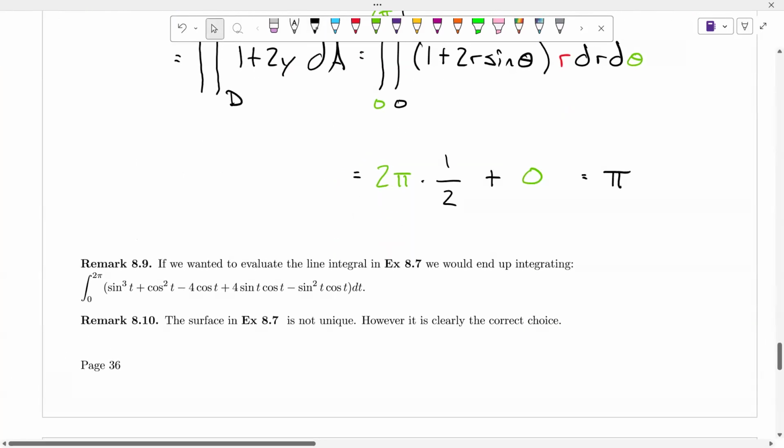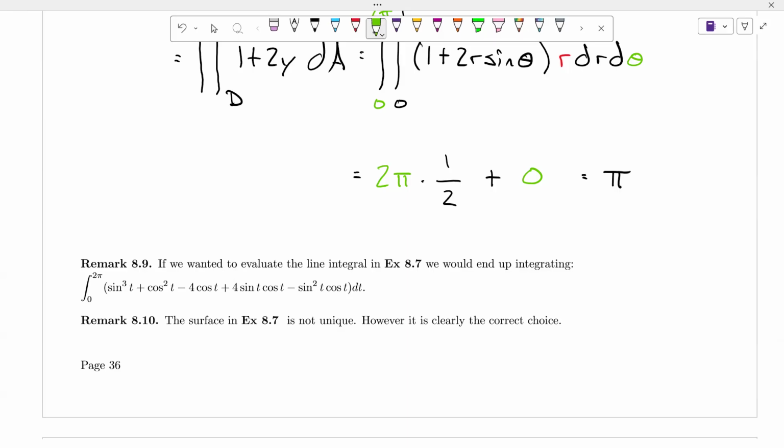So, 2 quick comments. One, if we tried to do the line integral part, well, it's doable, right? Because it is just going to be this line integral going all the way across, which is not too bad. Sine cubed, right?